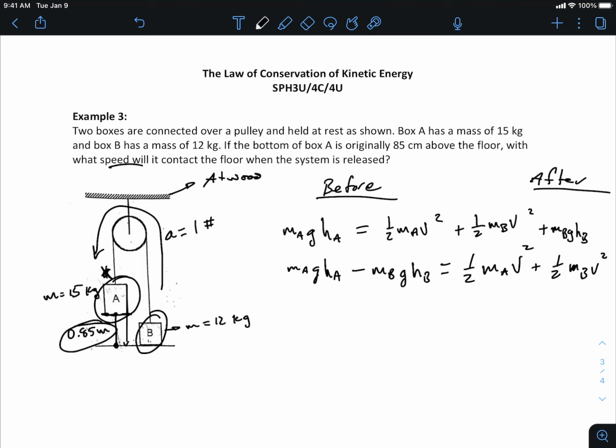Now there's a little bit of math here that I could do. Between these two terms, I see a 1/2 that's in common, and I also see a V squared that's in common. So let's factor that out.